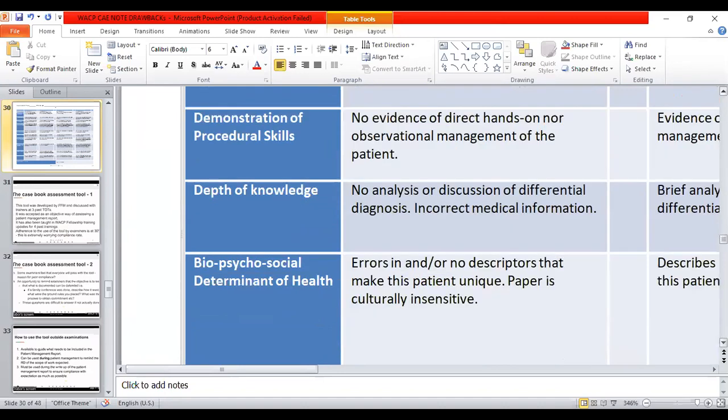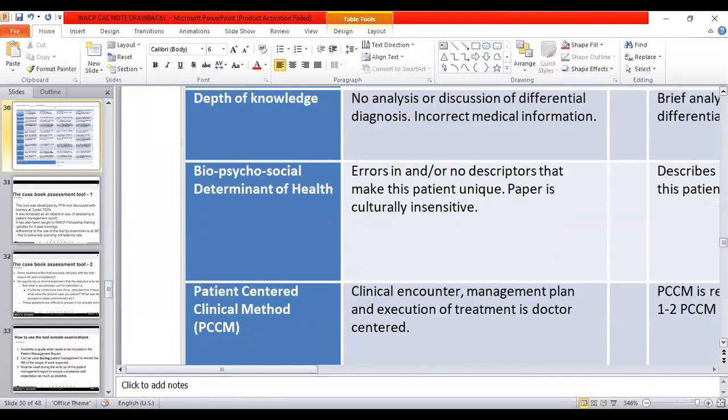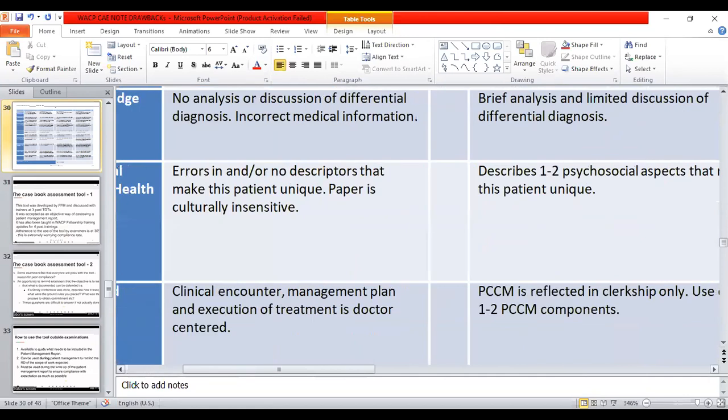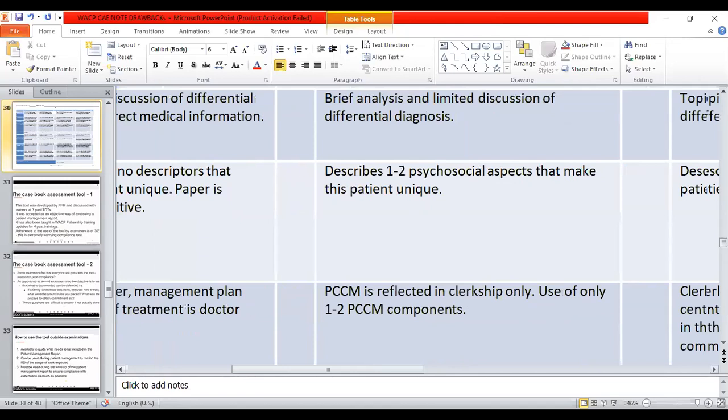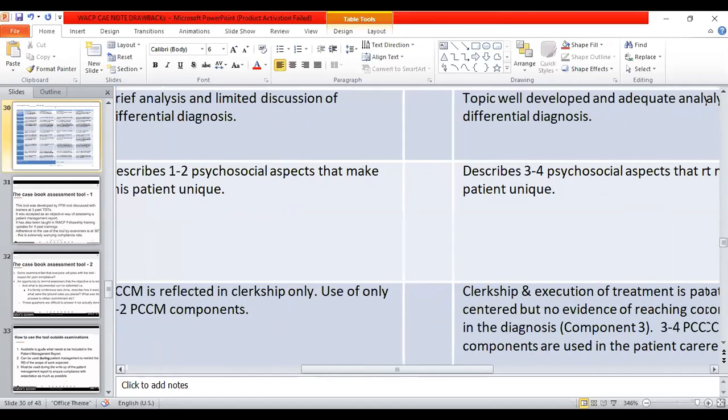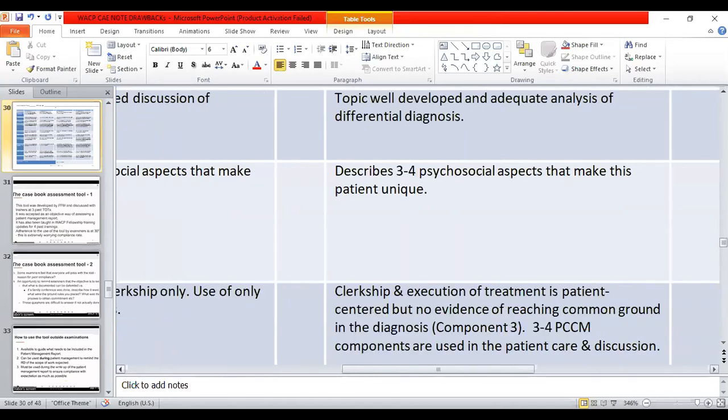Then the biopsychosocial determinants of health, which I've been saying every time, very important. The next one is the PCCM, whether you have captured them. You can look at it: for 1 to 2, you have identified 2 components, then up to 3 components, and all 6 components.